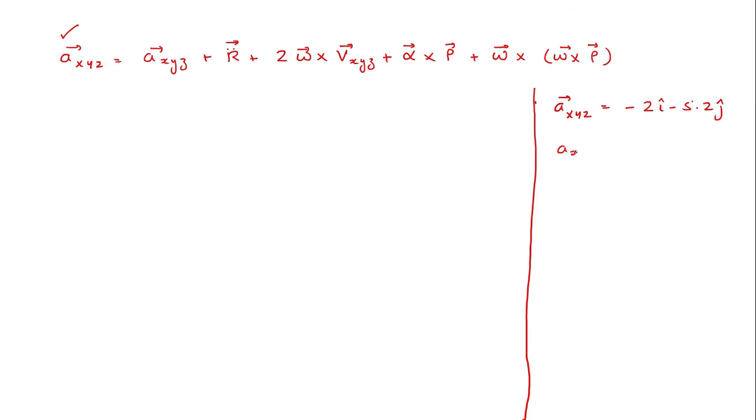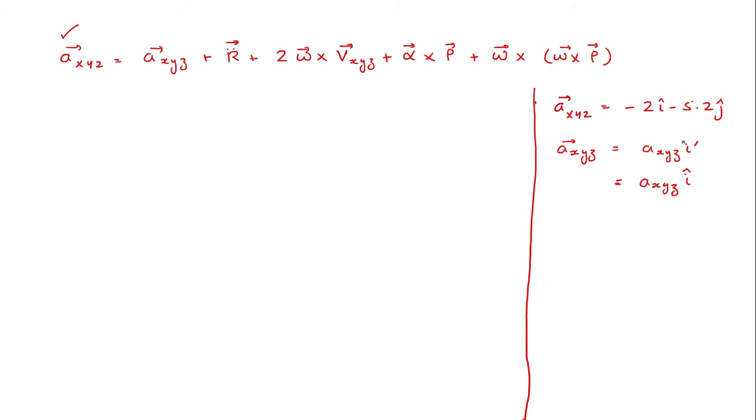Now a small xyz, I can write this as a xyz into I dash vector, since at this particular instant of time, both the small x and capital X are oriented in the same direction, I can write this as a xyz into I cap.